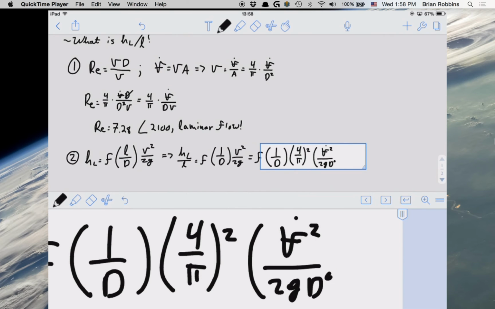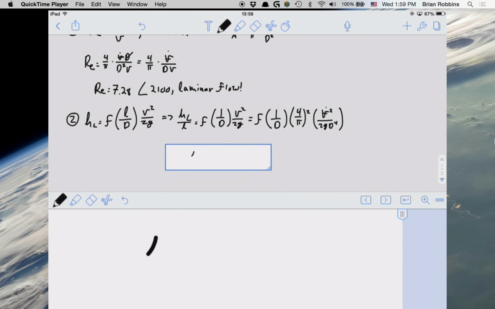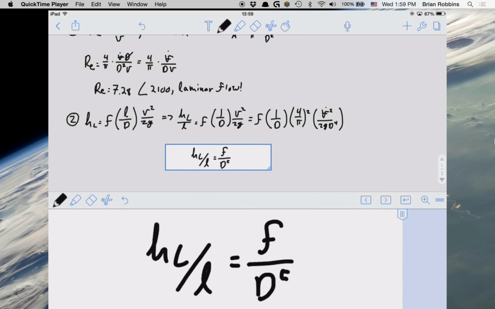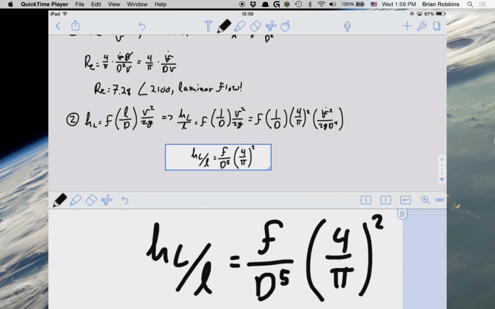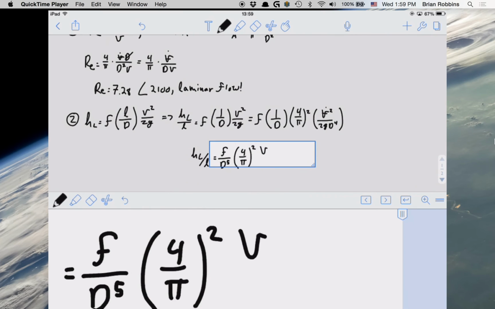Let me rewrite that. Might be a little hard to see. So our diameter to the 4th. Okay, so simplifying this, what we end up getting is our Darcy friction factor divided by diameter to the 5th times 4 divided by pi squared, V dot squared divided by 2g.